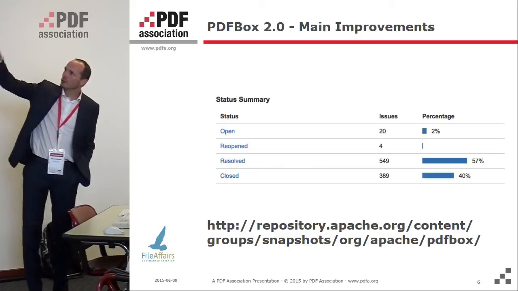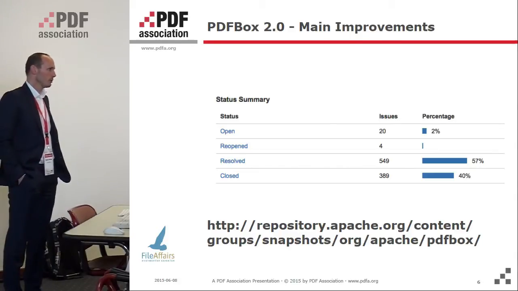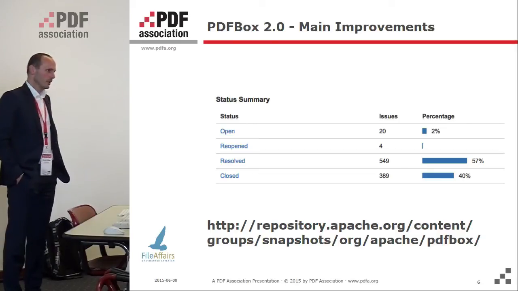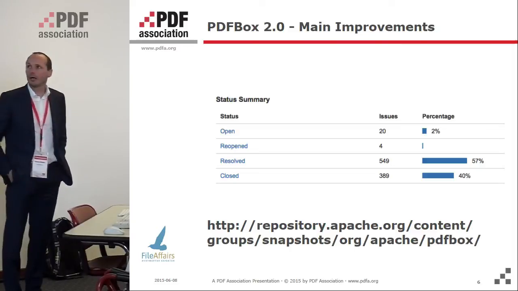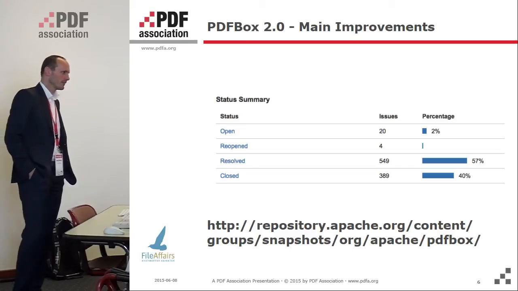We're now down to around 24 issues. So we're close to having all issues resolved. And as I said, we're planning a release after the summer break, maybe a beta before. We haven't decided on that yet.